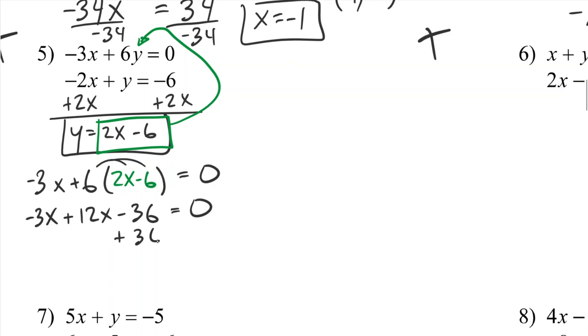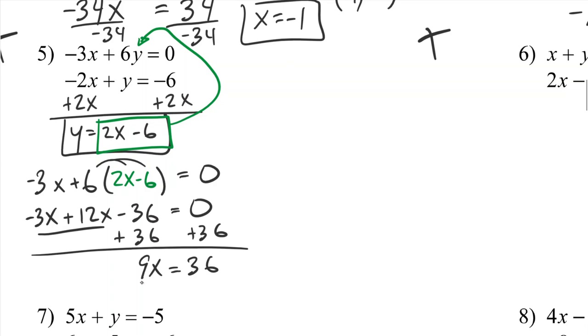Let's move the 36 over to the other side, and let's combine our like terms. So that makes 9x equals 36, divide by 9, and x equals, what's that, 4?